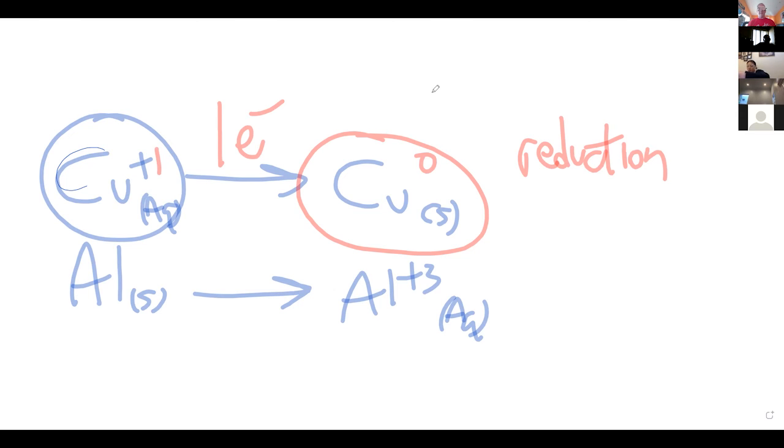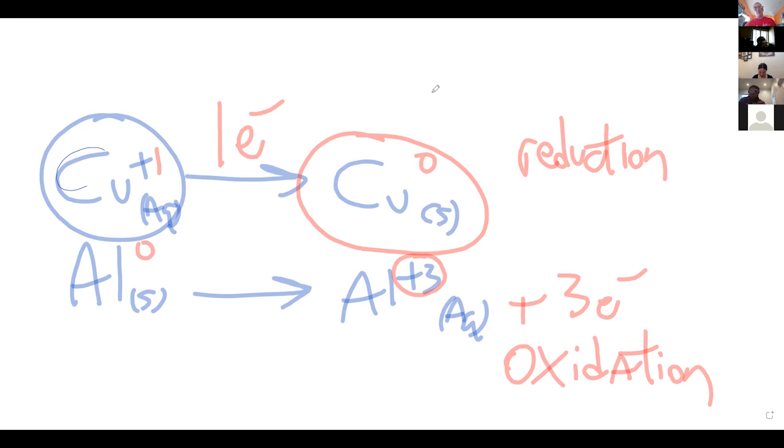And what about the aluminum? Did it gain electrons or did it lose electrons? It lost 3 electrons. That's right. Excellent. So it went from having a charge of 0 to having a charge of +3. We call this oxidation.